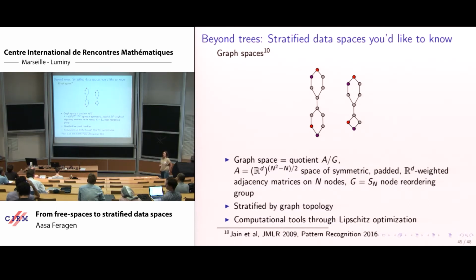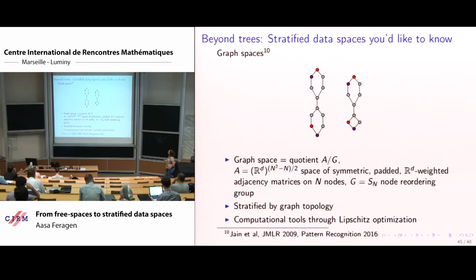So if you have a graph with fewer than n nodes, you just pad the adjacency matrix with 0, so you reach n nodes. And also in this case, he did not have a labeling or a matching of the nodes, so he used the permutation group to match up graphs by factoring out the reordering group.